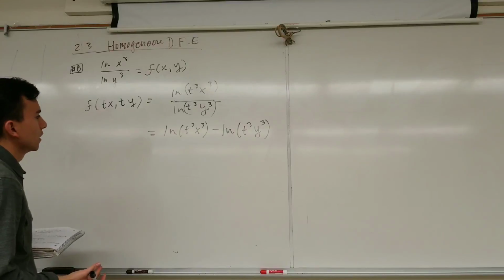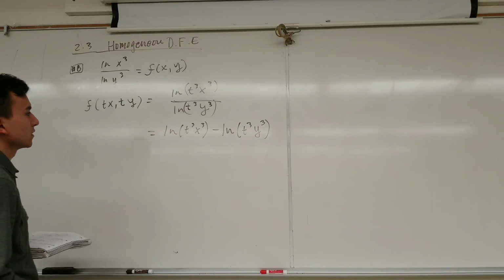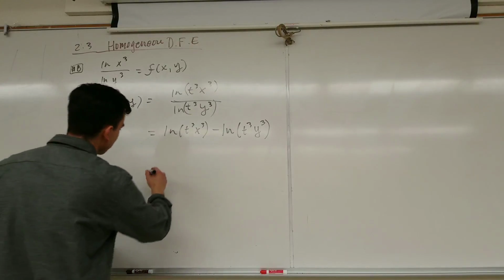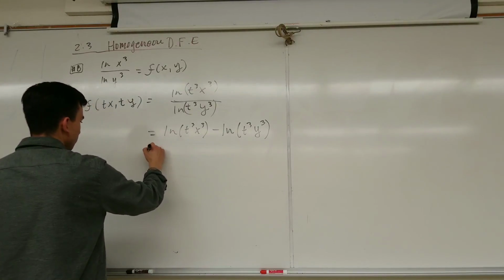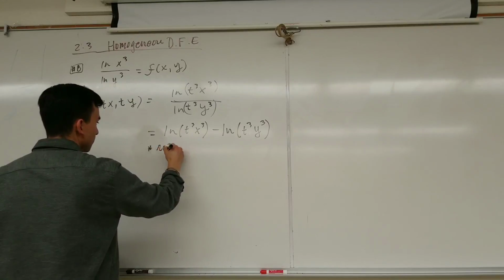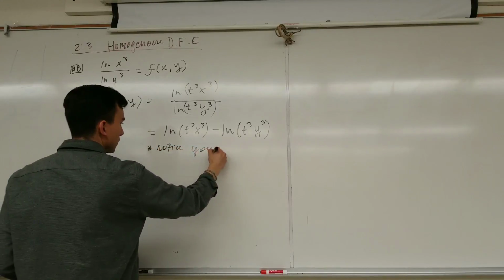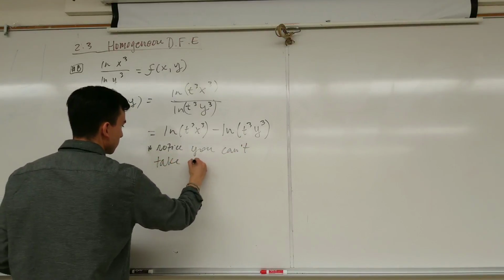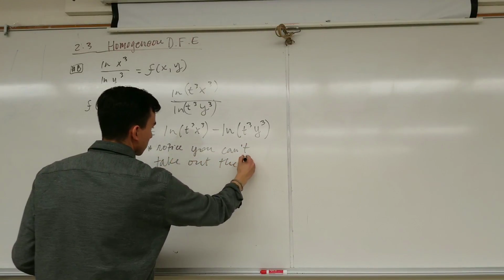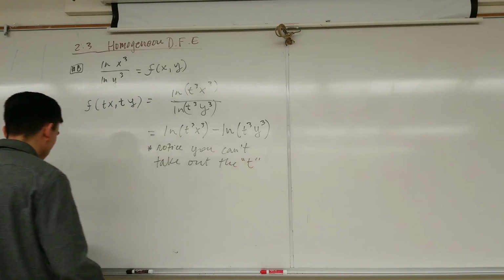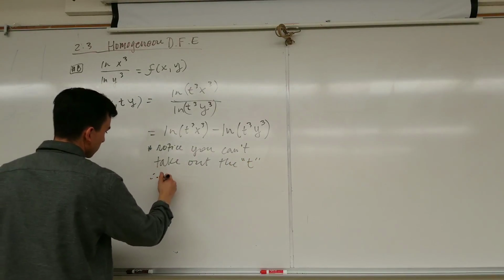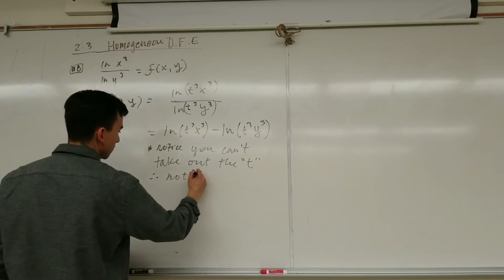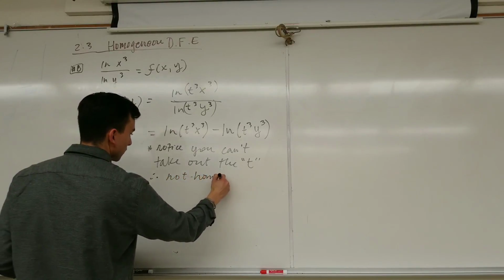Okay, so how do we get rid of the t cubed? Well, the answer is you can't take out the t. So notice you can't take out the t. So therefore, this is not homogeneous.